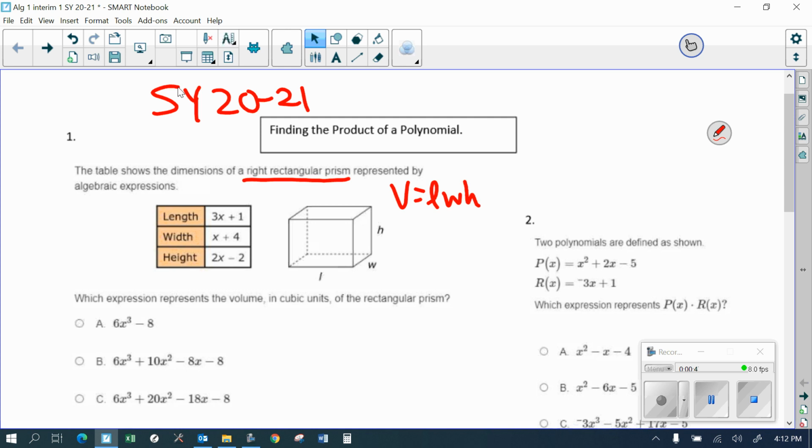Well, you only can multiply two at a time. So you do two at a time. We'll go ahead and do it right up here. 3x plus 1, I do the vertical method, x plus 4. You put it in standard form, which means highest degree down. That way they'll line up their like terms when you multiply like you did in elementary school. 1 times 4 is positive 4. 4 times 3x is 12x.